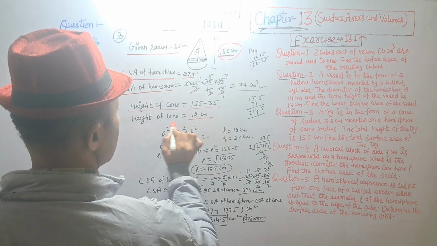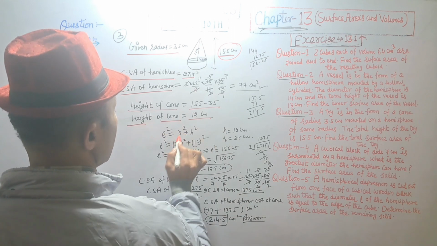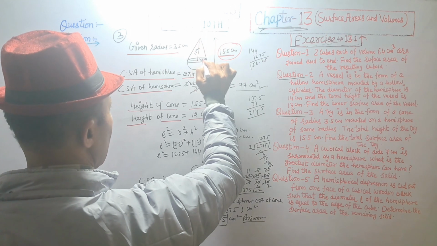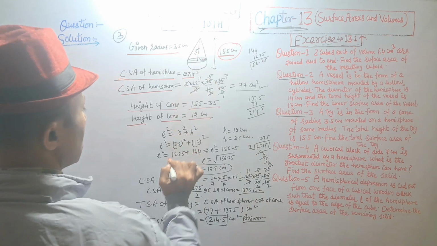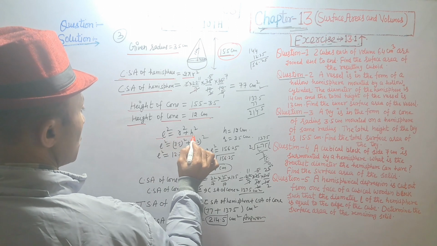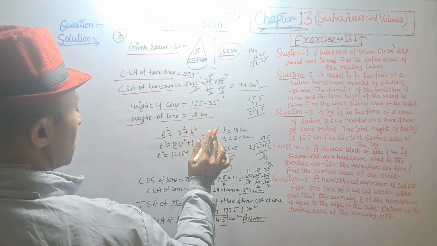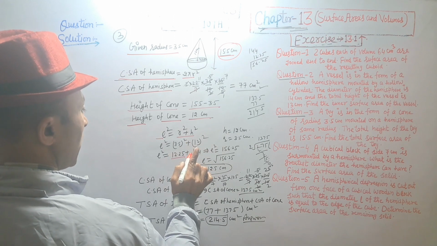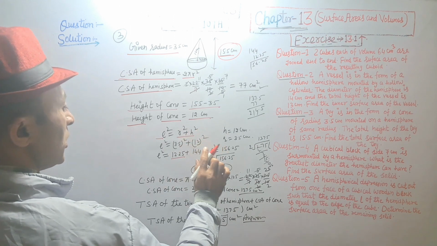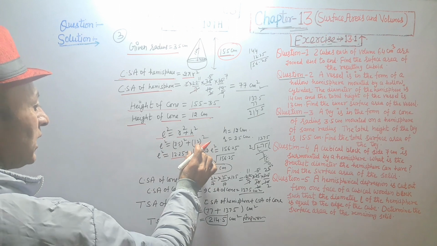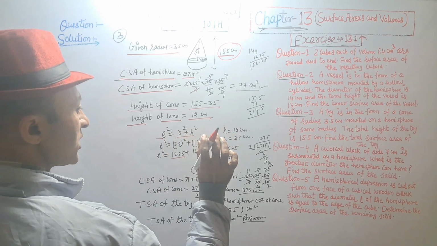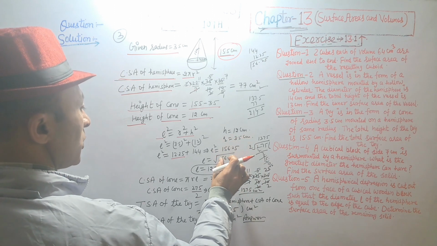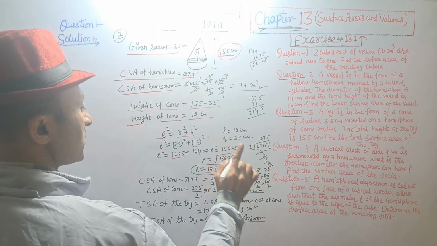equal to 12 centimeter. Its height of cone, and as we know that L square is equal to R square plus H square. So L square equal to 3.5 square plus 12 square. 3.5 square is equal to 12.25, and 12 square is equal to 144, and their sum is equal to 156.25, and under root of 156.25, that is 12.5 centimeter.